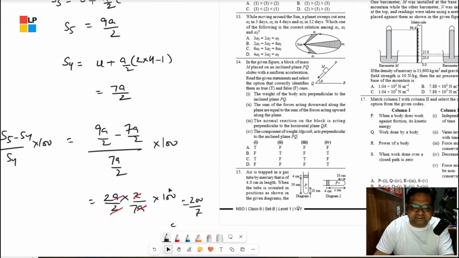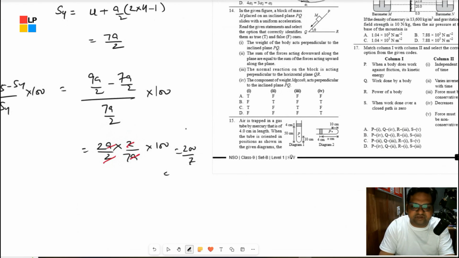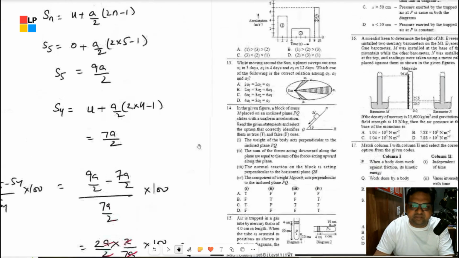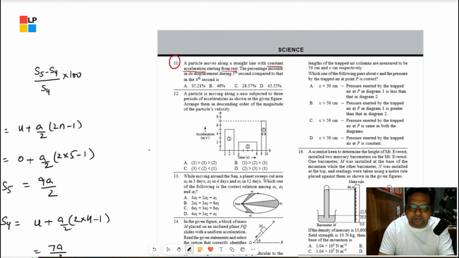When you divide this, it is approximately 28.57%.